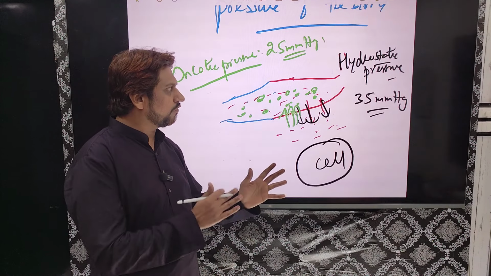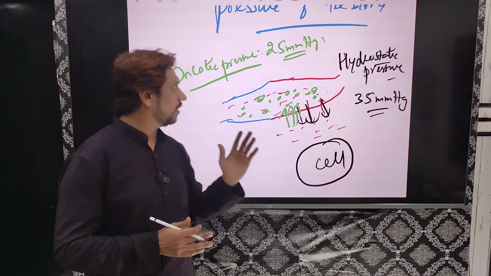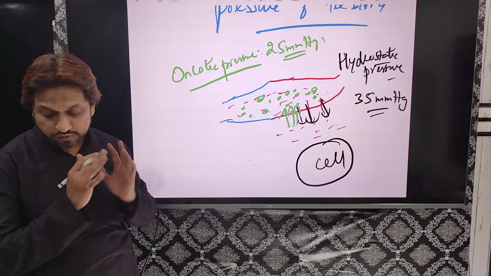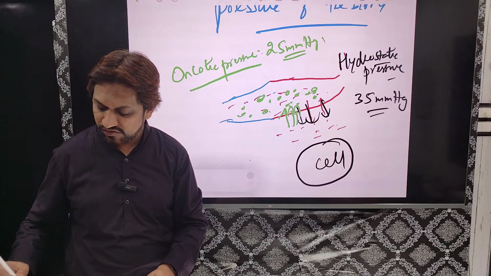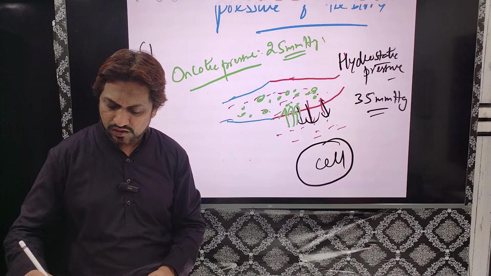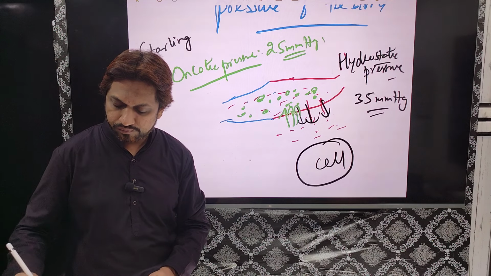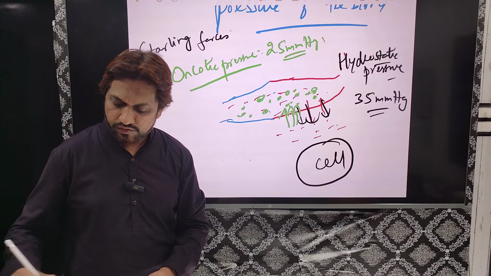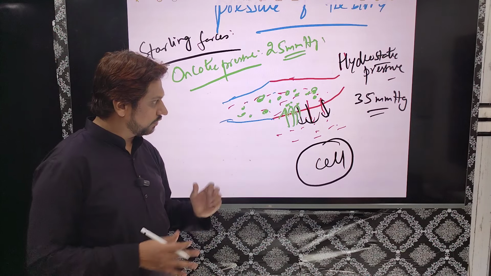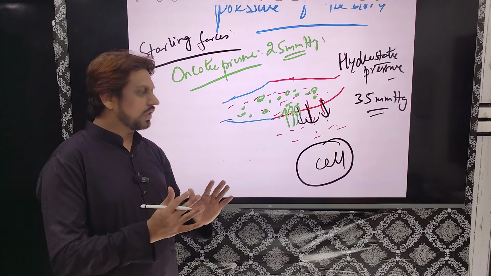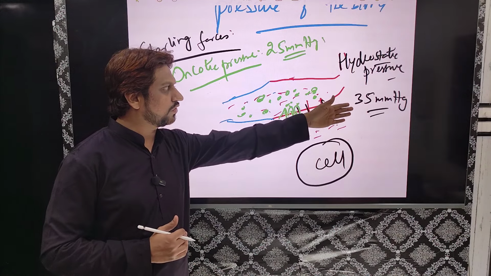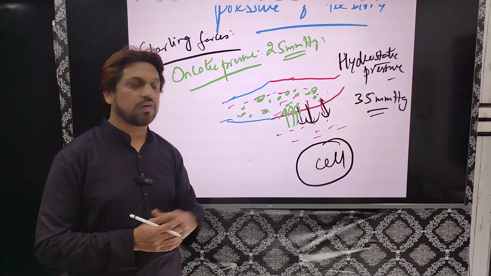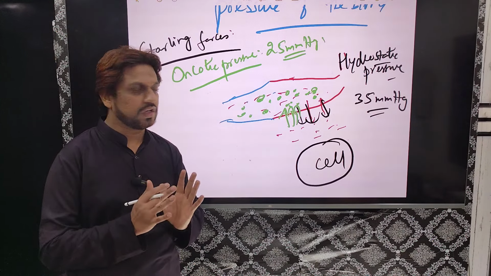So these are opposing forces, this hydrostatic pressure and this oncotic pressure or colloidal osmotic pressure, and these forces are termed Starling forces. The hydrostatic pressure and the oncotic pressure are in opposite directions. Here you can see at the arterial end, the hydrostatic pressure is 35 and the oncotic pressure exerted by the albumin is 25 millimeter.